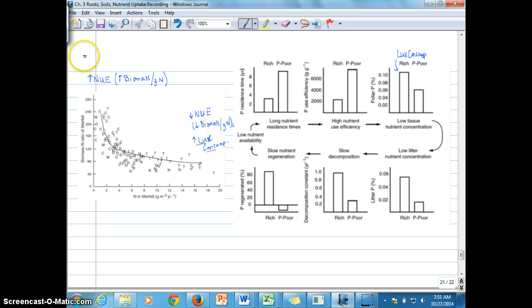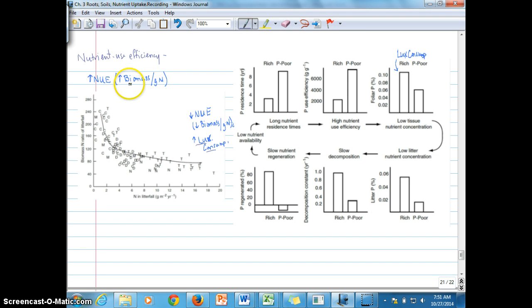But what we're interested in is the term nutrient use efficiency, which is defined as the amount of nutrients used per amount of biomass gained.